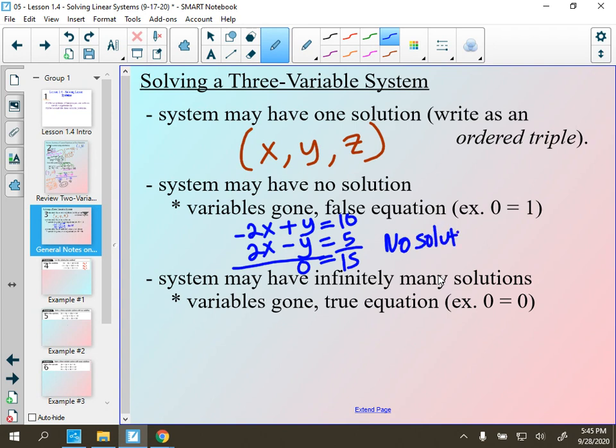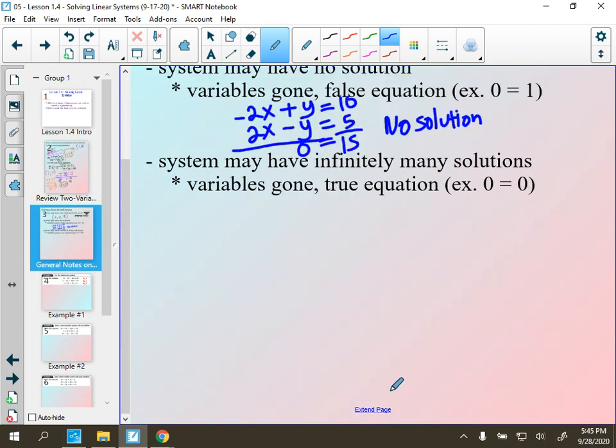So we'll look at how that whole situation plays out from the beginning. For infinitely many solutions, not much would be different. We can even keep those same numbers: 2x plus y equals 10. And then let's say that through the course of solving the problem, I ended up with 2x minus y equals negative 10.